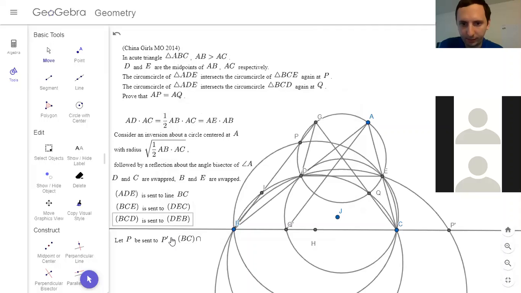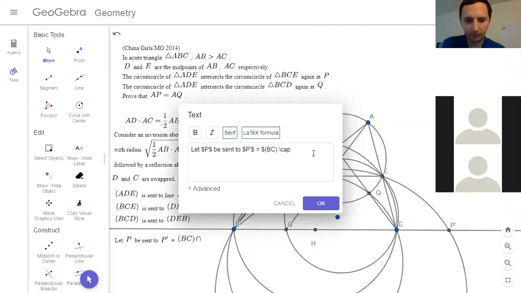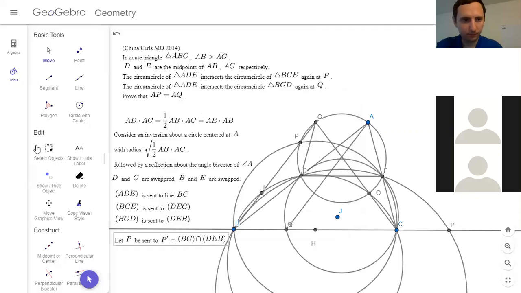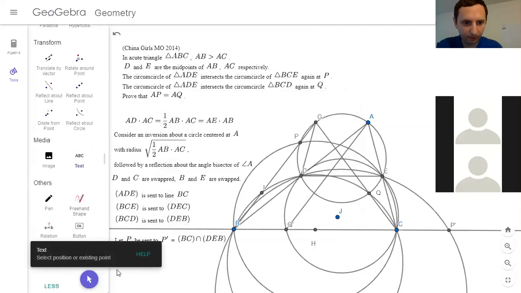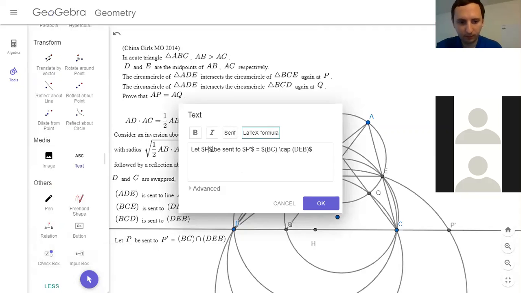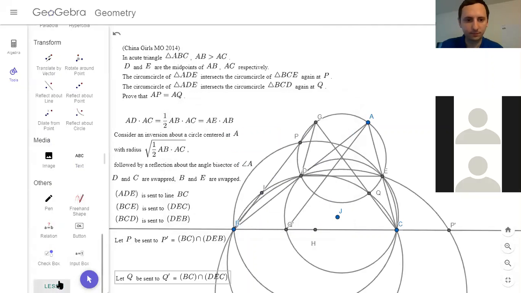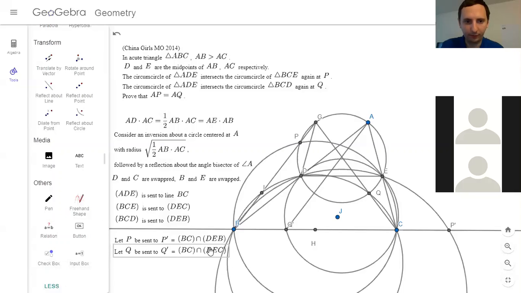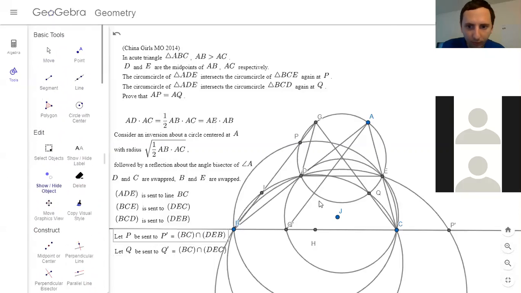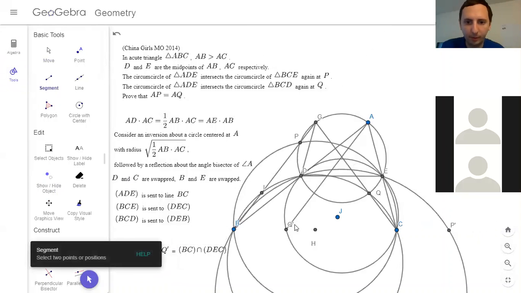So that would be BC intersect DEB, and DEB and DEC. So if we could show AP prime equals AQ prime, then we would solve it.